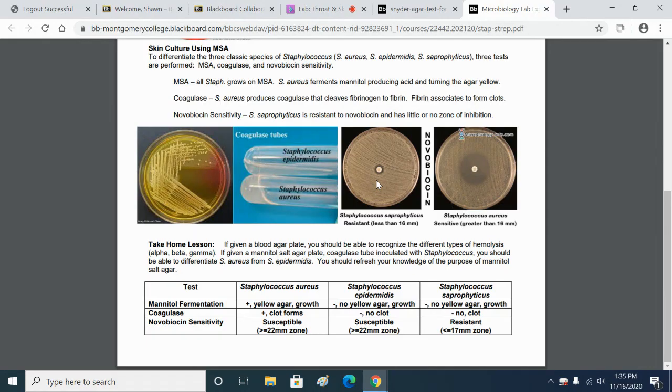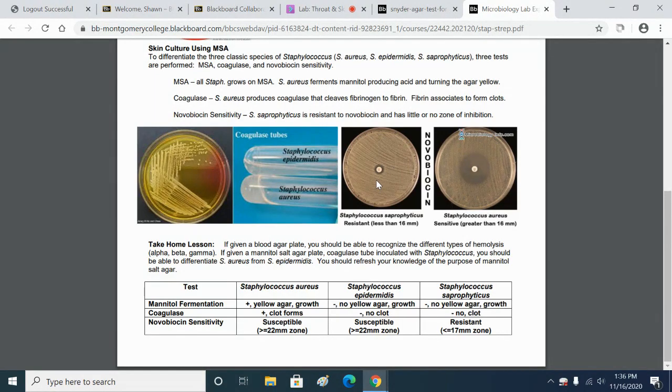And what's another explanation? So another possible explanation. Let's say you have yellow agar, but it's coagulase negative and still susceptible to novobiocin. Or maybe no yellow agar, it's coagulase positive and resistant to novobiocin.